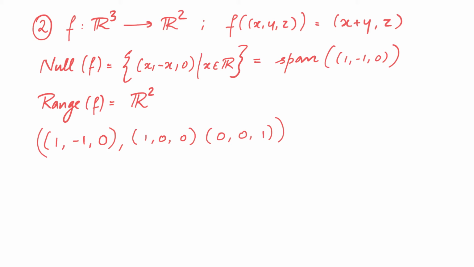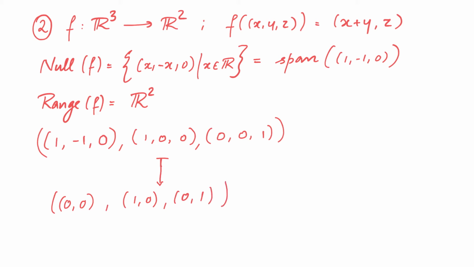But before concluding, let us see why the images of these two vectors span range of f. To see this, notice that under f, these three vectors are mapped to the vectors (0, 0), (1, 0) and (0, 1).